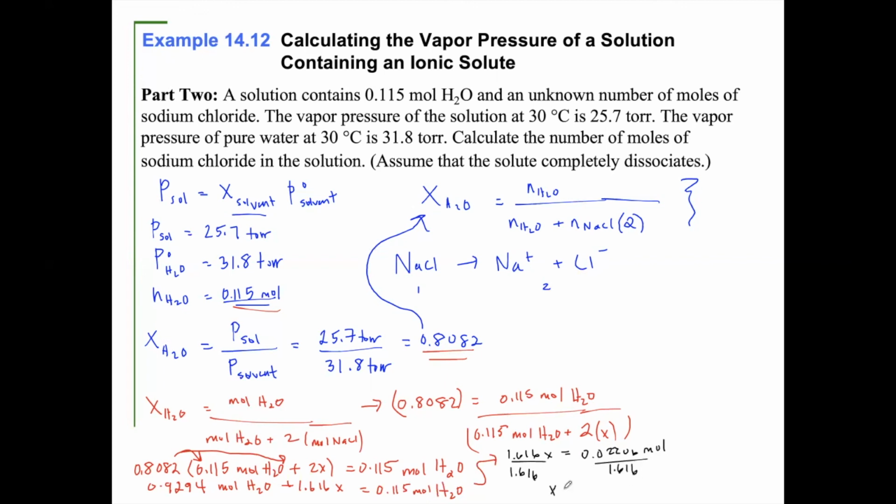And therefore, X ends up being 1.4 times 10 to the negative 2 moles of sodium chloride. Okay, so hopefully everybody can see that at the bottom of the screen. And that concludes the problem set for this chapter.